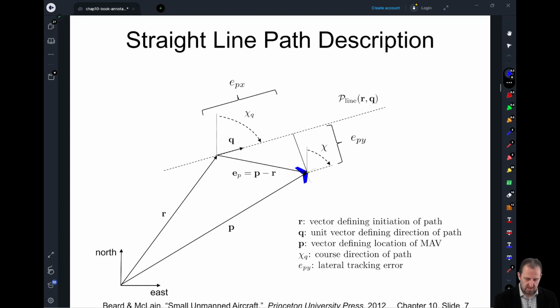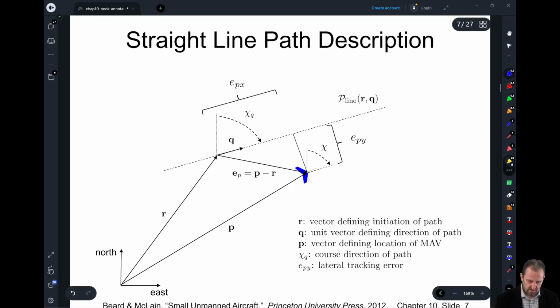It just takes a few variables. One is we need to design the path to be followed, right? So this is our line. This is the path to be followed. And we define it with just two variables. One, we define this vector r.